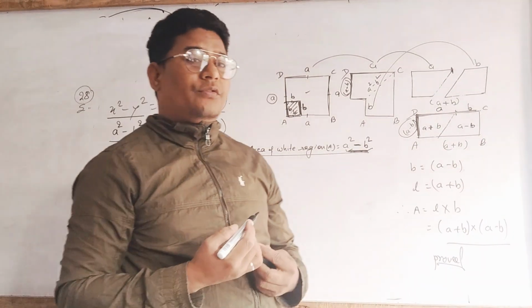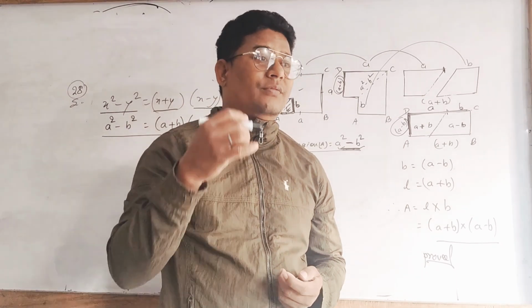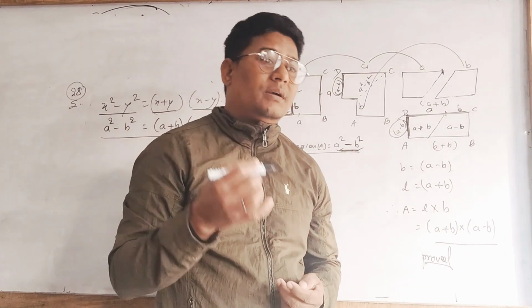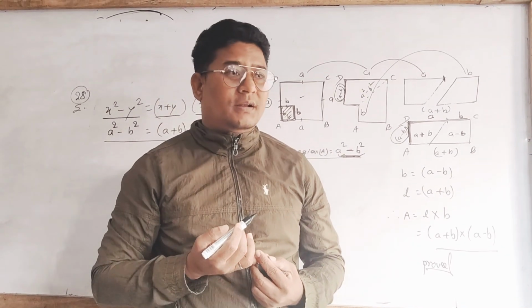This way you can prove a square minus b square by representing a diagram. Clear or not? Yes.